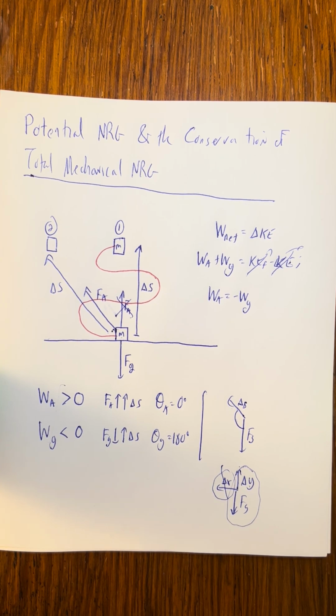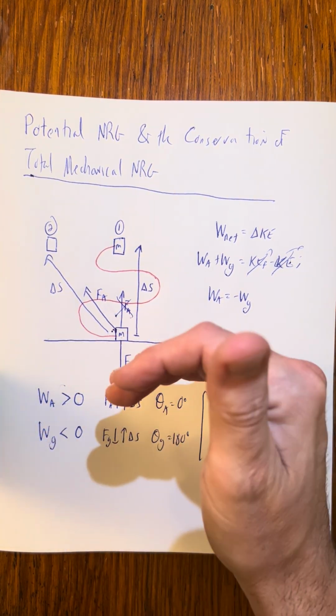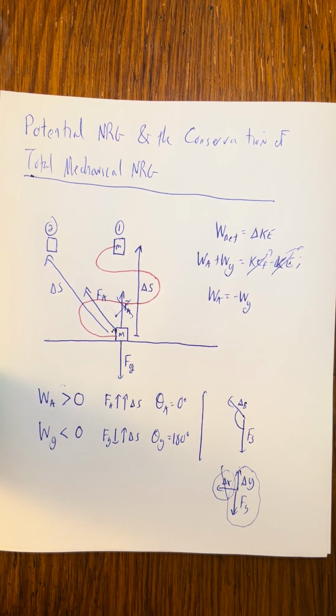But the work done by gravity, again, is only going to care about that vertical part. Every component of displacement that happens side to side, because of the cosine in our work equation, is just going to zero out.